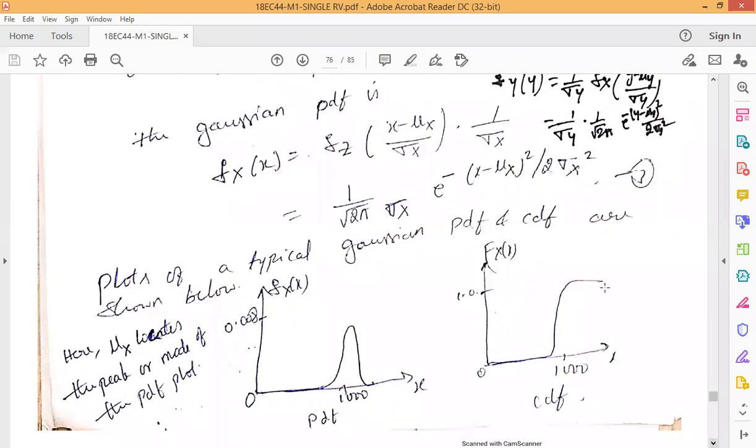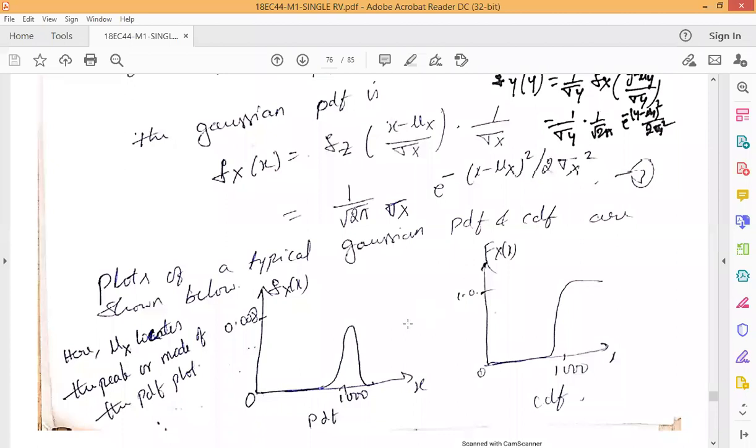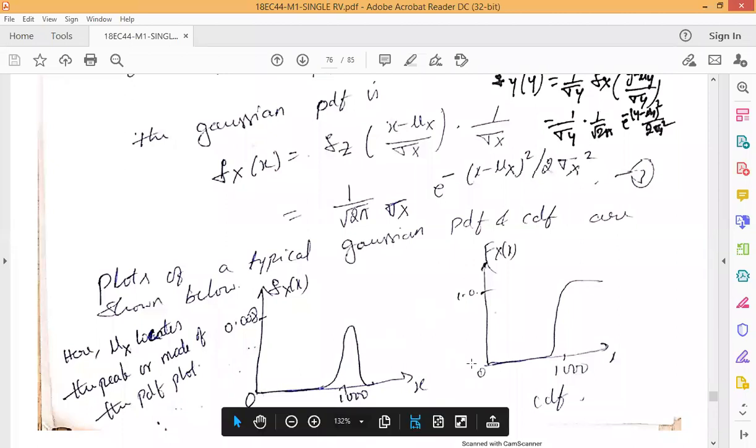And for this, the PDF and the corresponding CDF plots have been shown. This has been drawn assuming the mean mu x as 1000 and the standard deviation sigma x as 50. Assuming those values, this is the plot that is obtained.